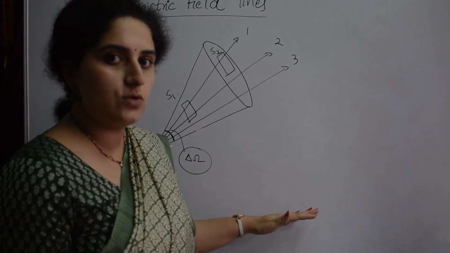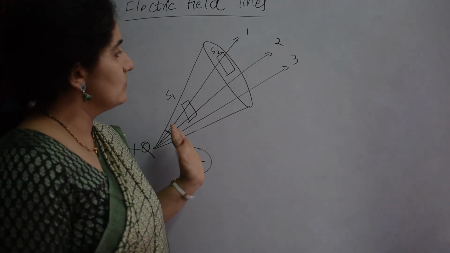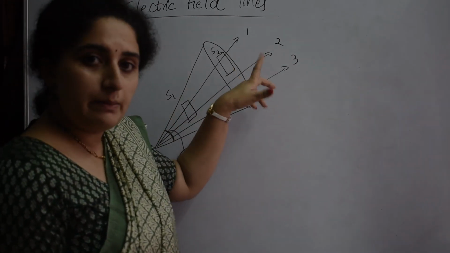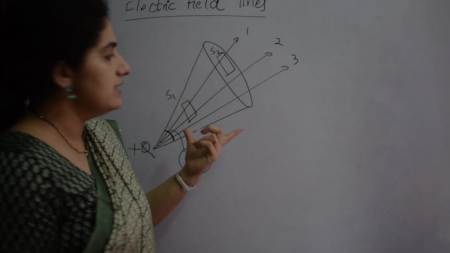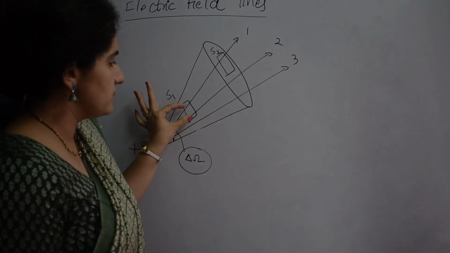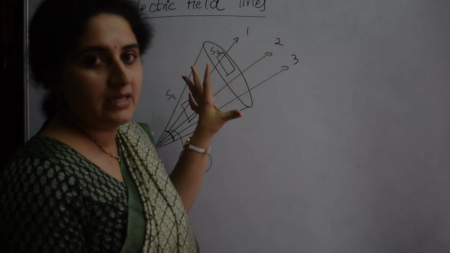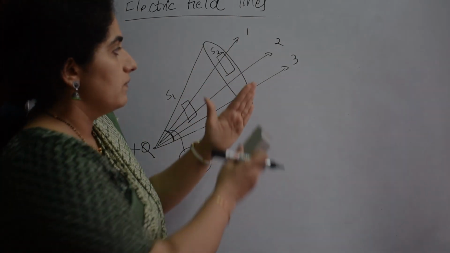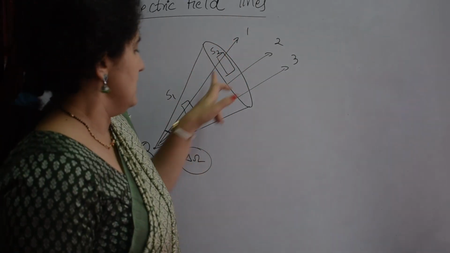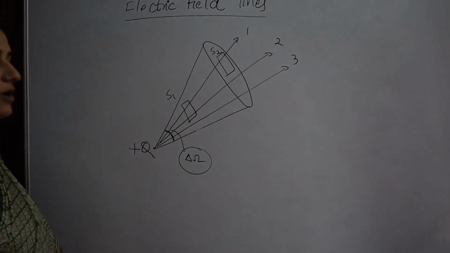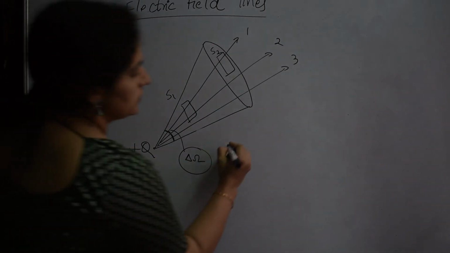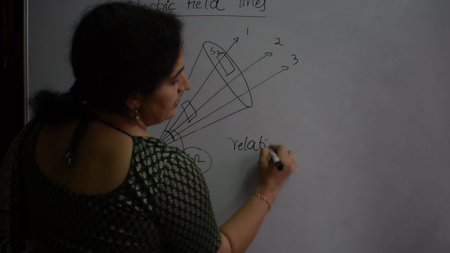It is actually reducing as a square. You have seen in the equation Q by R square, so it is inversely proportional to the square of the distance. So here field lines will be closer. As you go away, field lines are separated. So this is about the electric field lines. You have to know the concept of relative density.